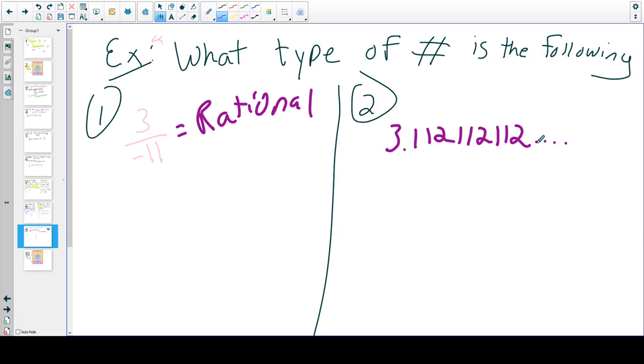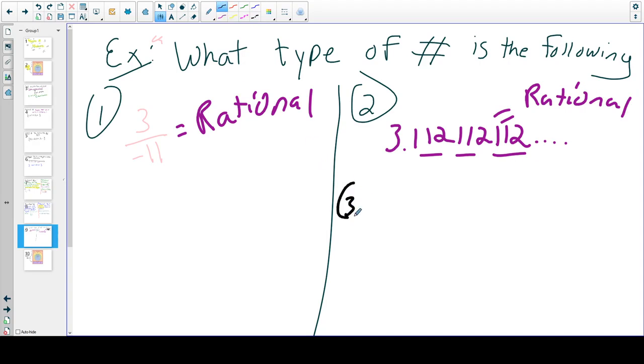Well, it doesn't terminate because obviously this is saying that it's going on forever. But does it have a pattern? A good way to know is ask yourself, do I know what the next number is going to be? 112, 112, 112. I have a feeling it's going to be 112, right? It repeats this pattern over and over again. So this number must also be rational.